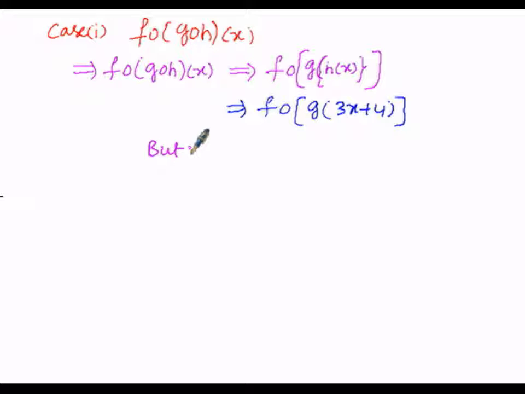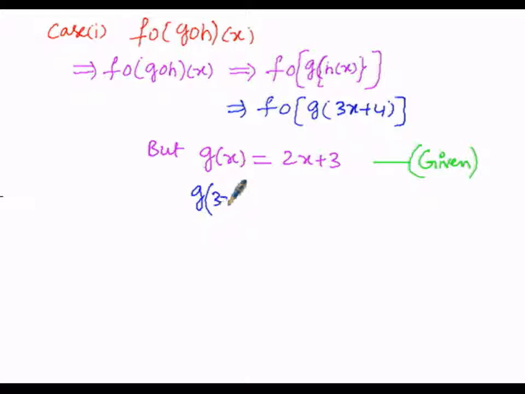As per the problem, g of x is 2x plus 3, which is the given function. So we have to find out g of 3x plus 4. Then x must be replaced by this 3x plus 4.